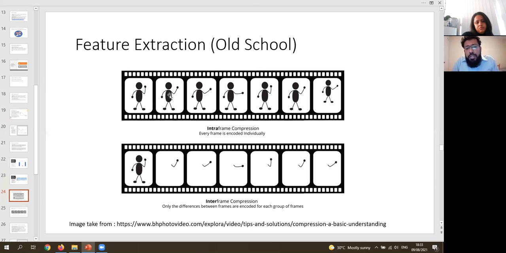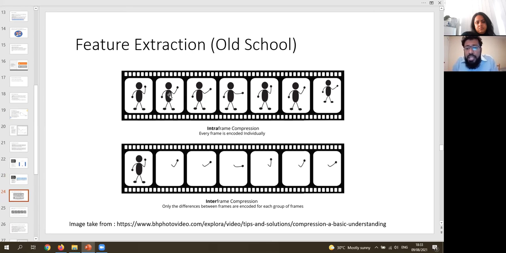Between these 2 pictures, the right hand, the right leg, left leg, the face and the body remain the same. Only the left hand is changing. So do I need to provide the information about the full body in my second picture? The answer is no, because this is how image compression and video compression works. The only information I need to provide is about the left hand, and then I can save the information.